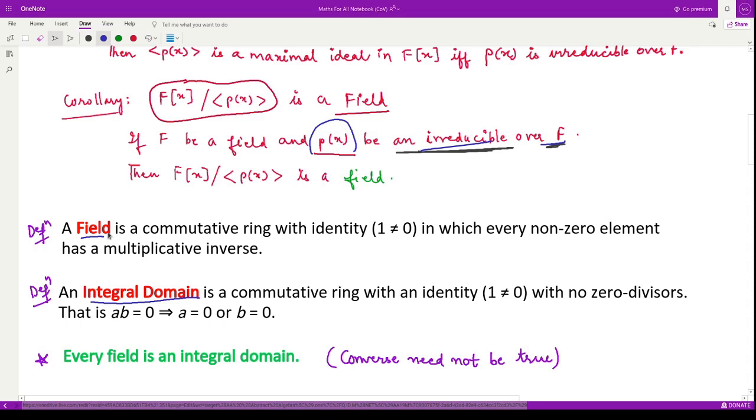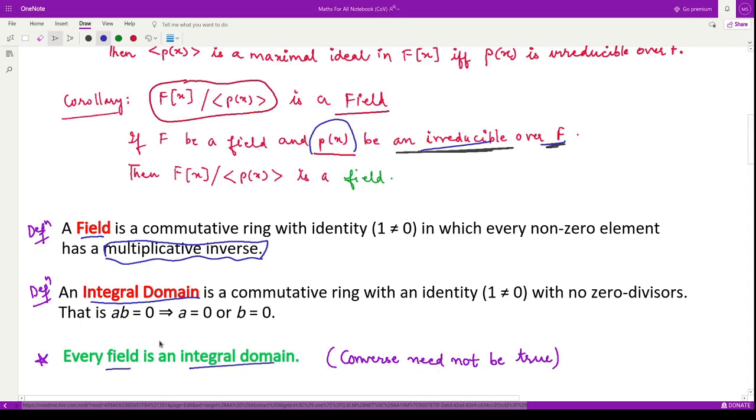Basically, a field is an integral domain with one extra property, that it has multiplicative inverses also. So if something is a field, it would surely be an integral domain because it has this one extra property of inverses. So every field is an integral domain, but the converse is not true.